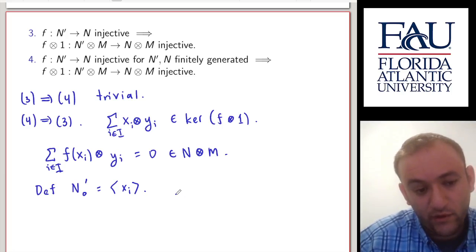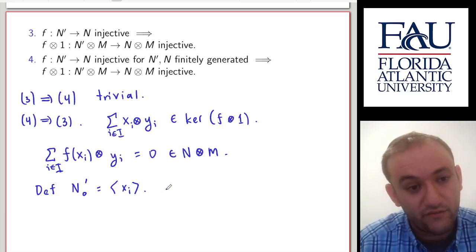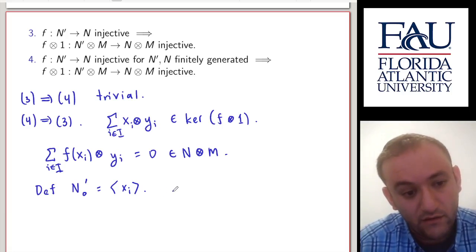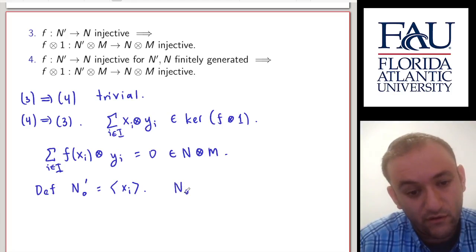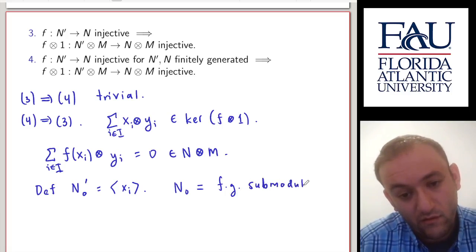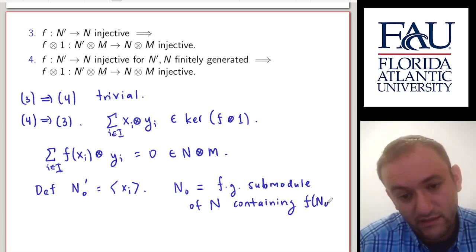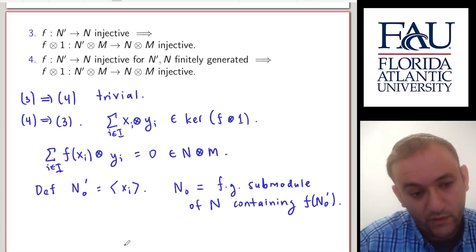And then we can also find a finitely generated submodule of N. So N0 is a finitely generated submodule of N containing f of N0 prime.